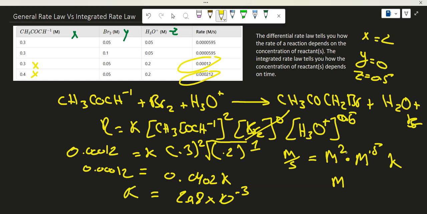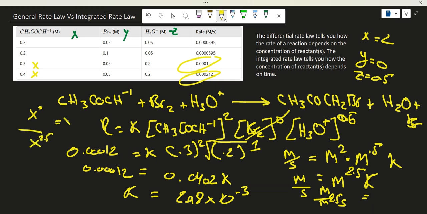We have the same base with exponents adding to 2.5, and molarity over second, and dividing this, you end up getting M divided by M to the 2.5 times s. Remember, you just do subtraction of exponents: X divided by X to the 2.5 is the same thing as X to the 1 minus 2.5.